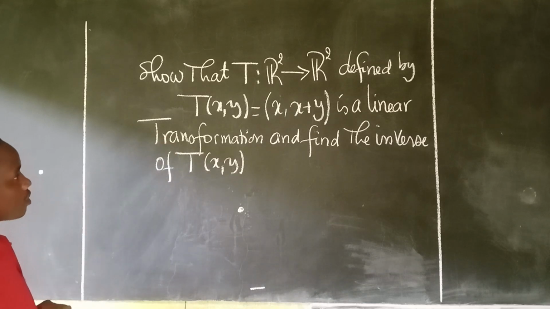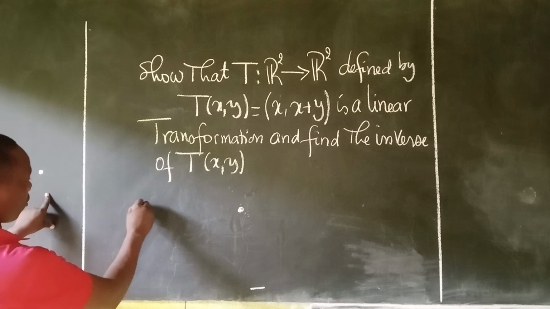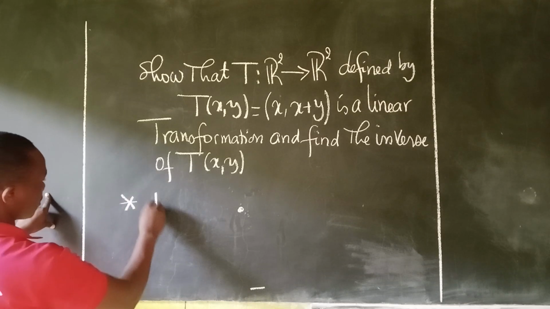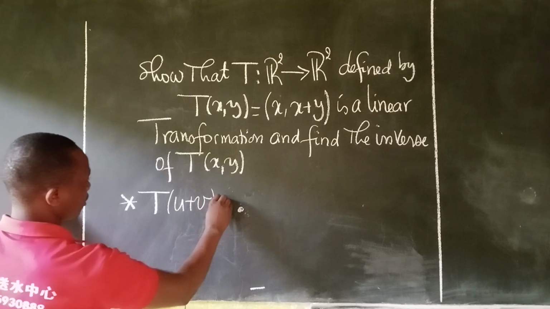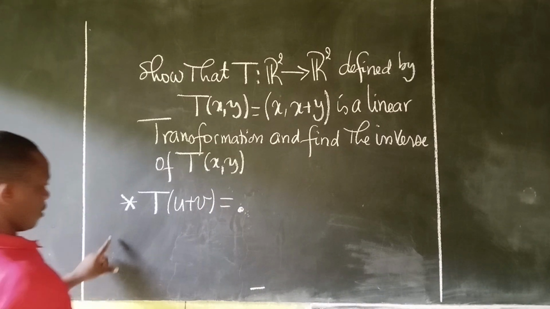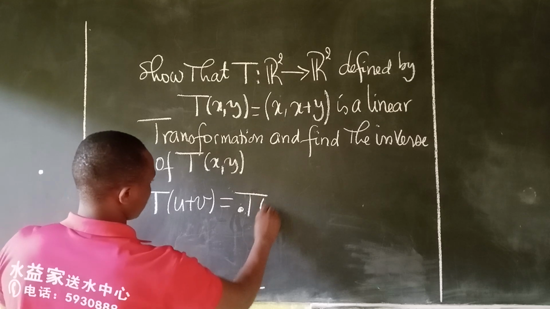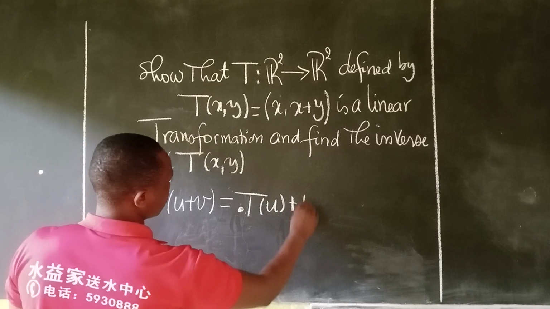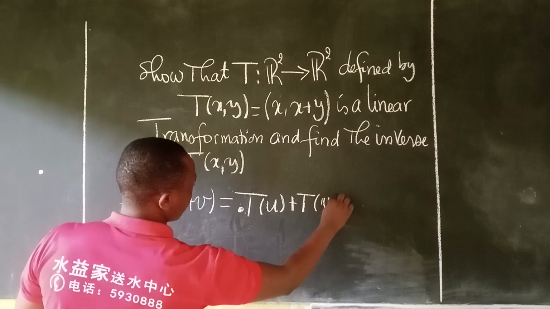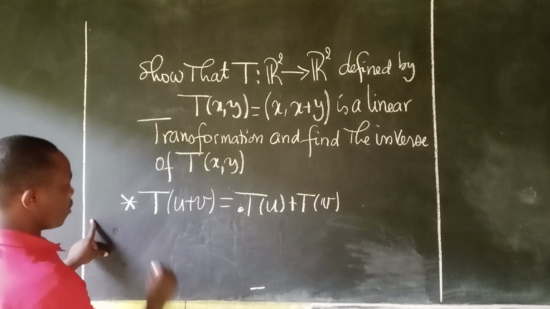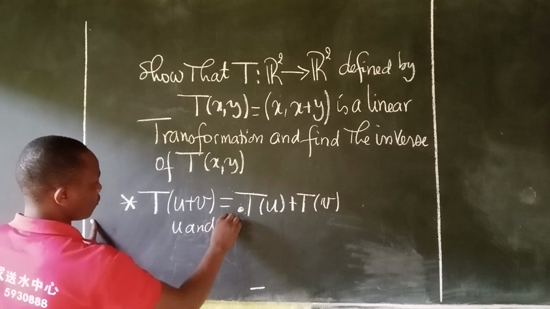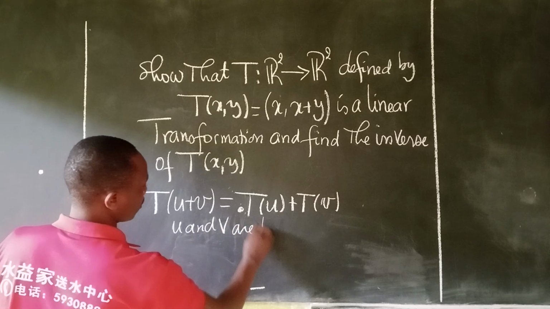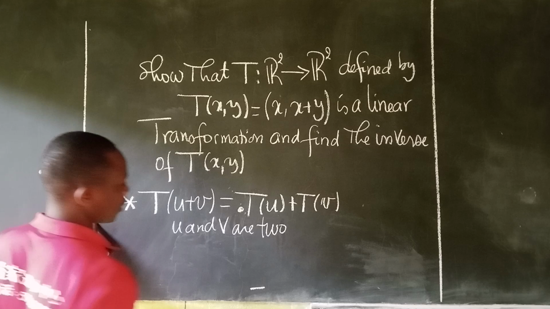We have two properties that verify a linear transformation. Property number one is T(u + v) = T(u) + T(v), where u and v are two vectors.